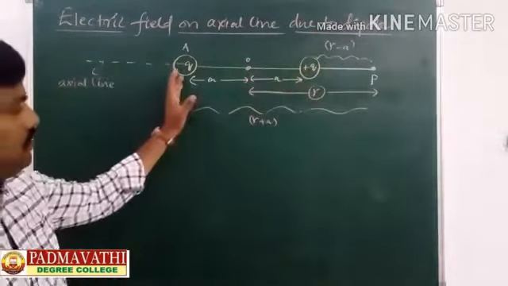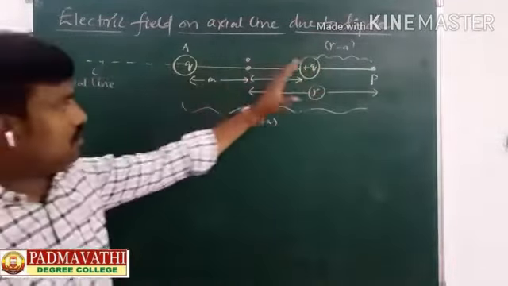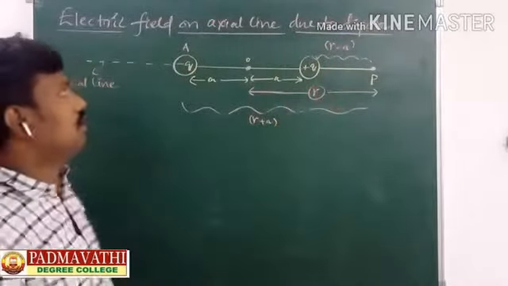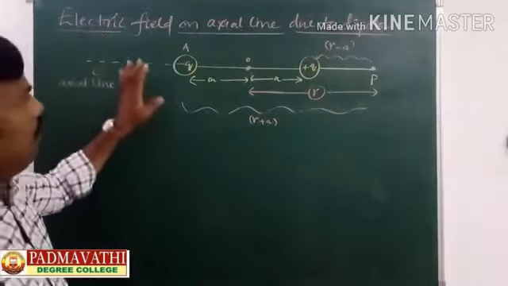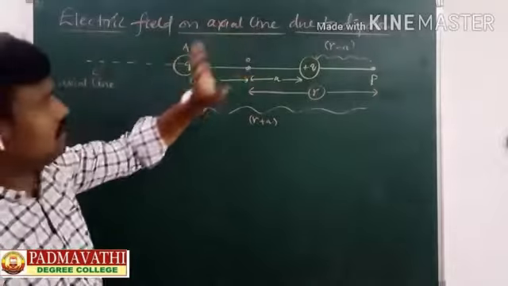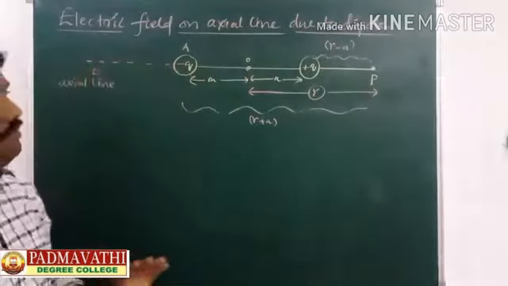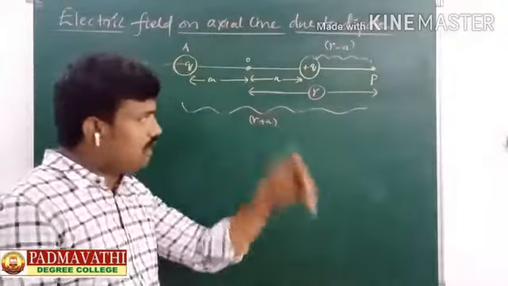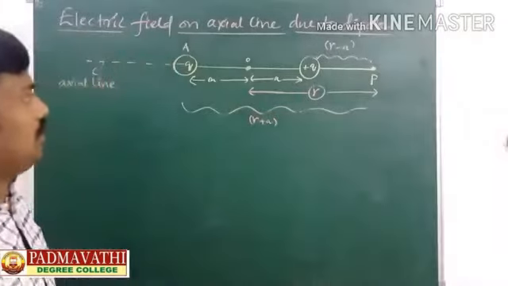With the help of these two, I can find the electric field at point P, and if I take the resultant of these two fields, then I will get the net electric field at point P. That is nothing but the axial field, or electric field on the axial line due to a dipole. So let us go step by step.